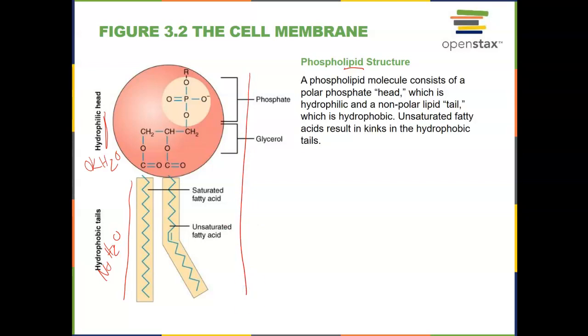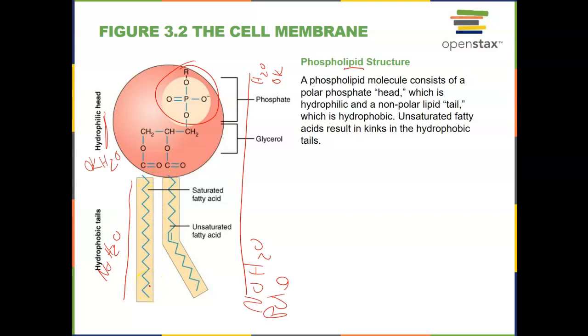So you have the no-water pole down here. Water molecules will not hang out over here. And then you have the area where water is okay. Water is all over the place here. The reason that's possible is that water and phosphate get along. This is the phosphate group. Down here, these are fatty acids.